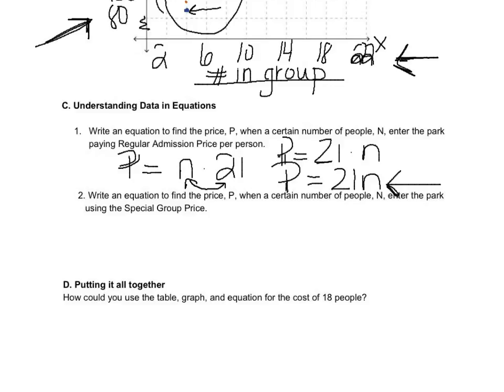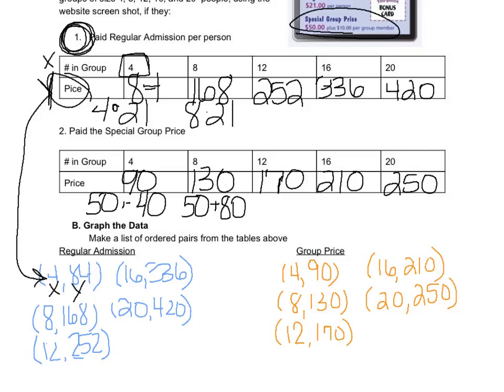All right, so question 2 is we need to find an equation for price P when a certain number of people, N, enter the park using the group rate. So let's go back to the front page and take a look at table number 2 and what we did. Well, it was $50, and then we had to add $10 for every person who went in. So we had our $50, and then if it was 4 people, 4 times 10 is where the 40 came from.